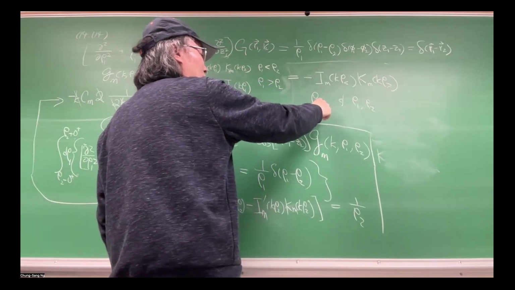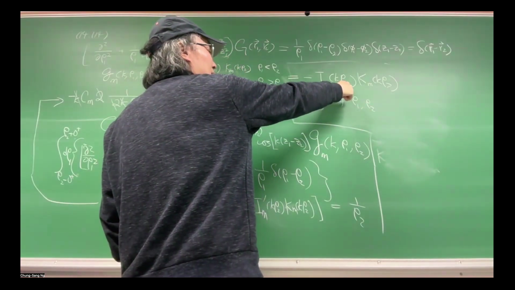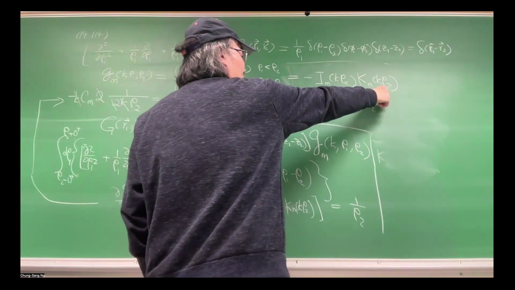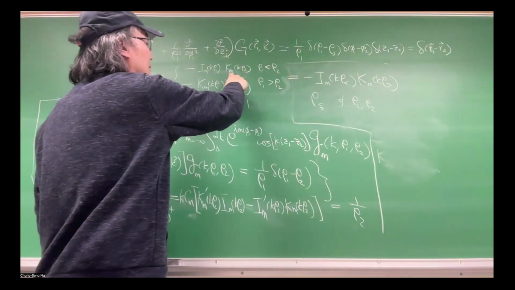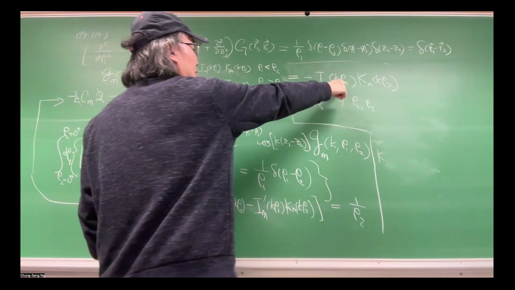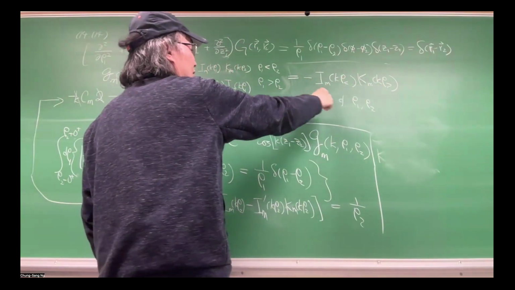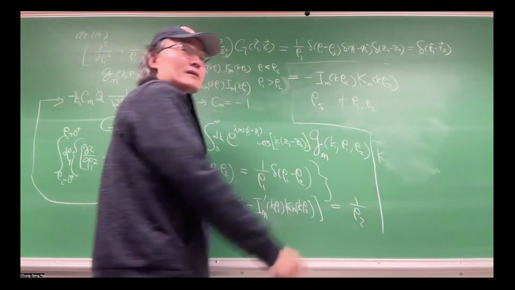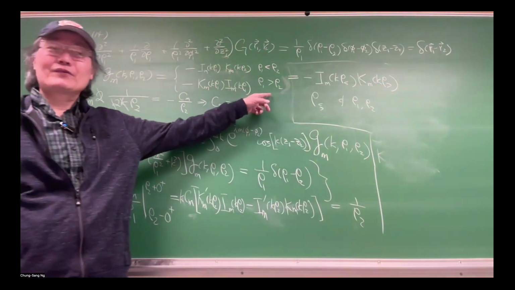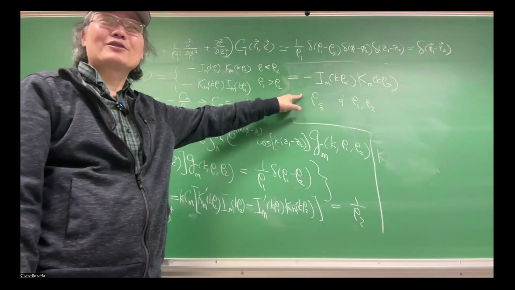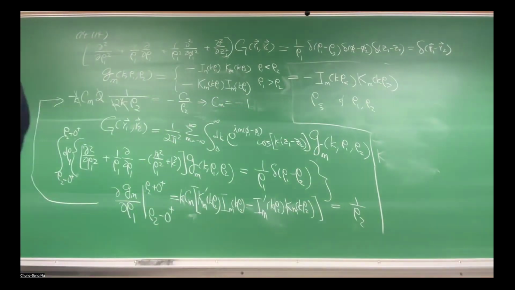Whichever is smaller goes into the smaller sign. Whichever is larger goes into the larger sign. So in the first case, this is rho 1, this is rho 2. In the second case, this is rho 2, this is rho 1. Okay, you can figure out this greater and smaller notation. So that's the answer.